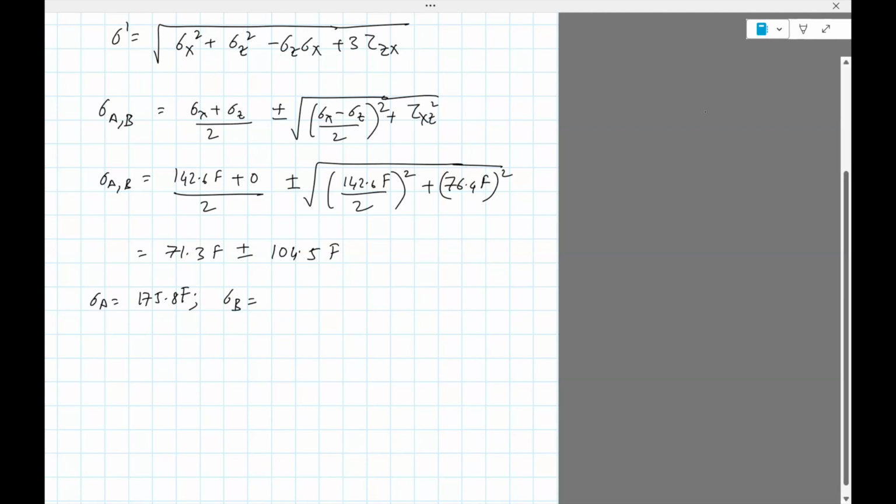Sigma b, with the negative sign, will be minus 33.2 F, and then sigma C, which is always there like a third stress, is 0. So clearly, we need to rearrange them in descending order.